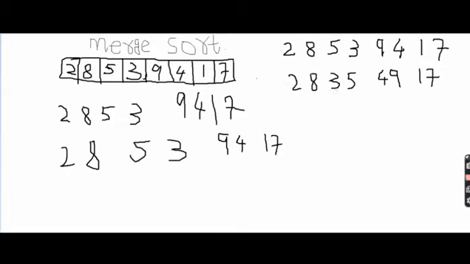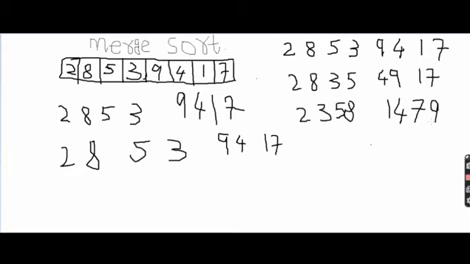Now making two sets, merging the two sets from this one gives us 2, 3, 5 and 8. If we merge both of these, we would get 1, 4, 7 and 9.